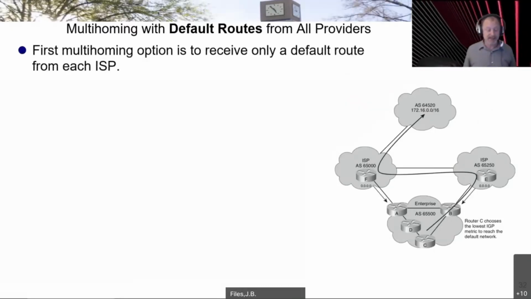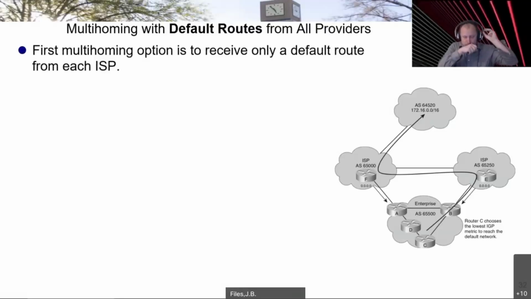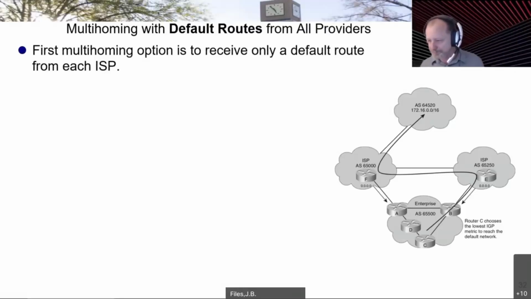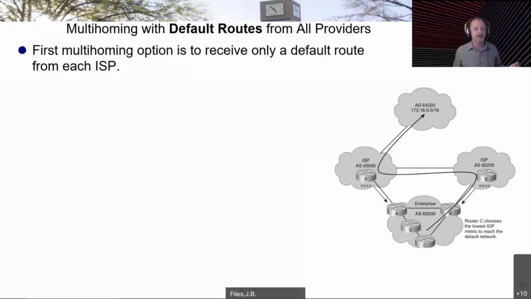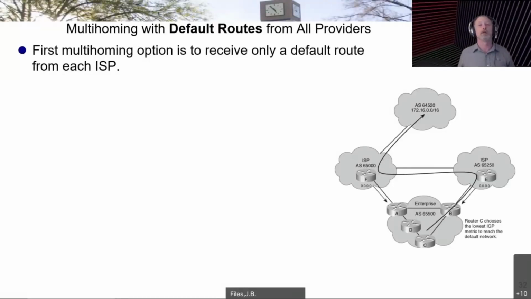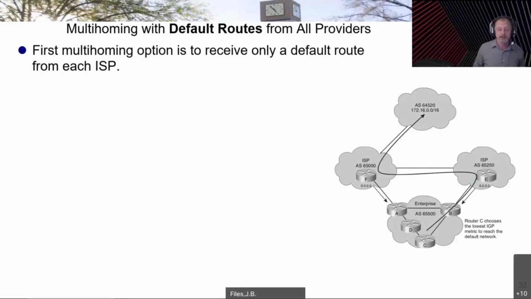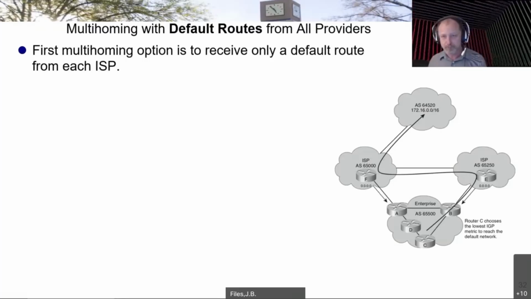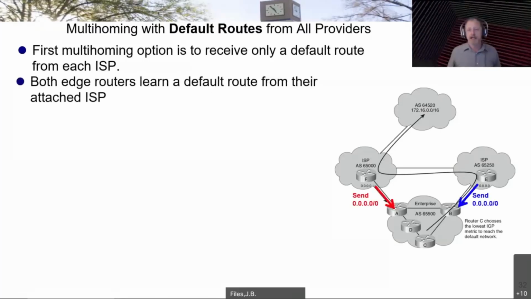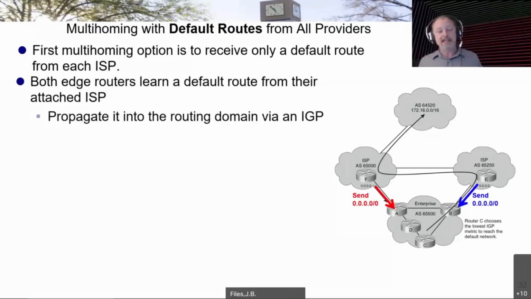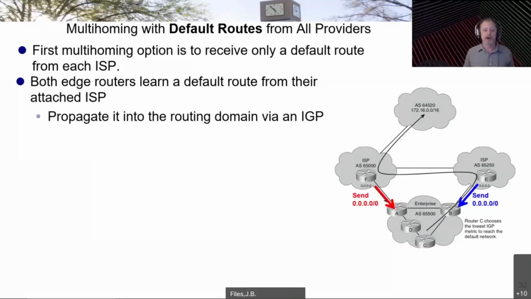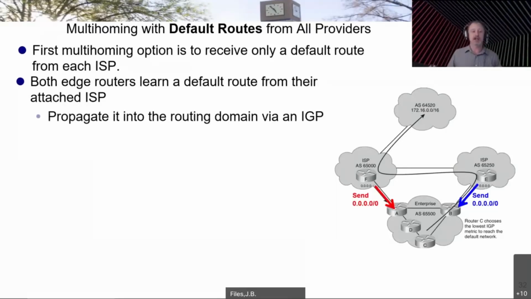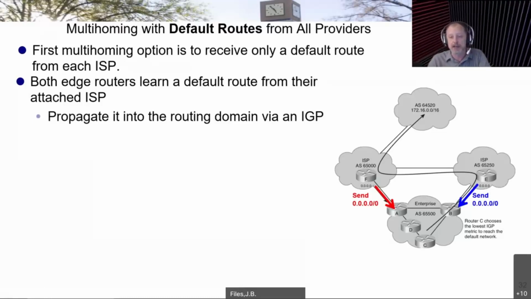So in this example, we're just going to get a default route from each ISP. We're going to propagate that default route into our autonomous system via our interior routing protocol.